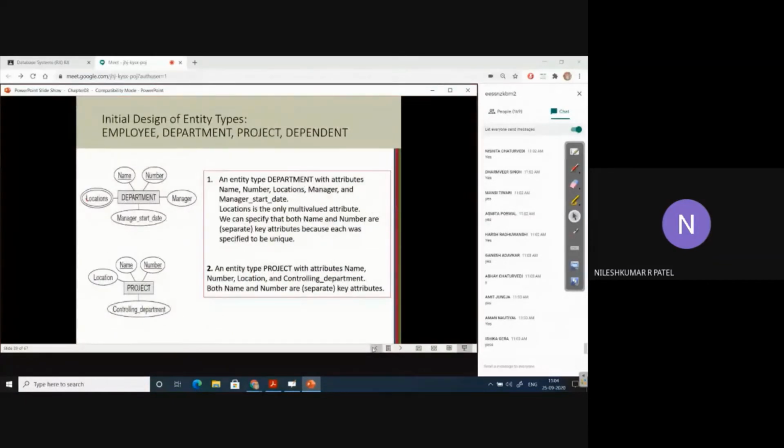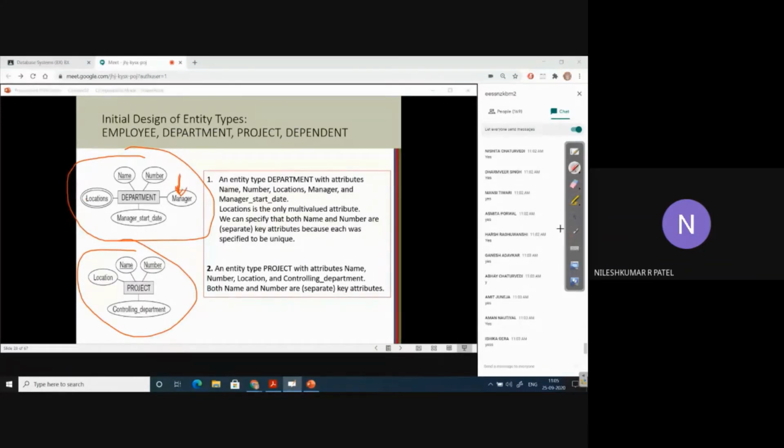If you observe, see here department. First of all, look into department carefully and please have a careful look at how many attributes are there. Now I am talking about one particular attribute, the manager attribute. Do you know why this attribute exists in this entity type, for what reason we have included this attribute here?